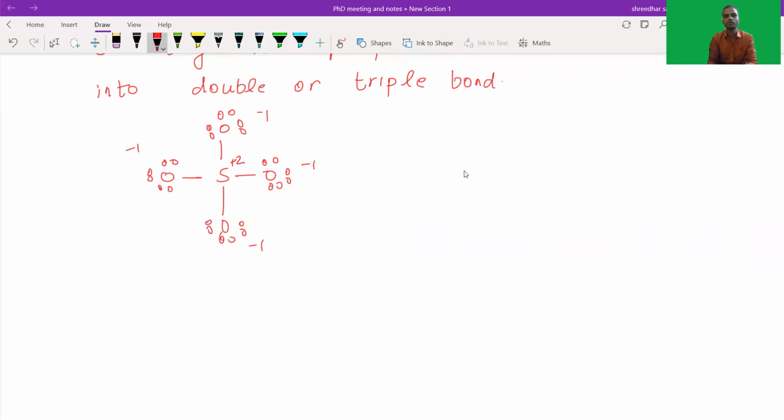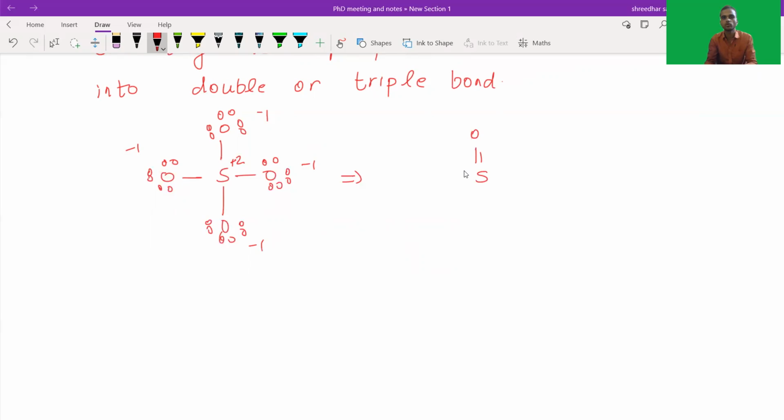Now here sulfur is having plus 2 formal charge. So we have to minimize this formal charge, or we have to completely eradicate this positive charge. Now if I convert two lone pairs on the two oxygen atoms into double bonds, then this positive charge will be gone.